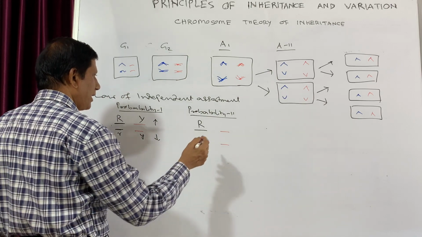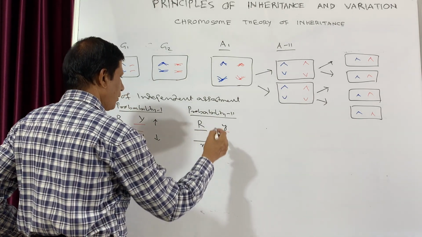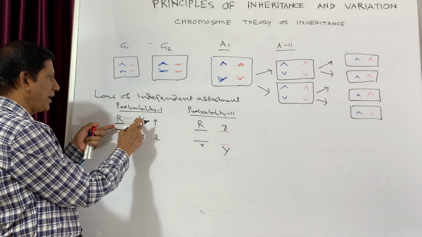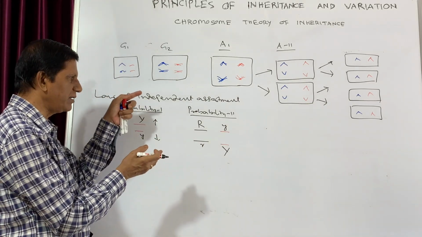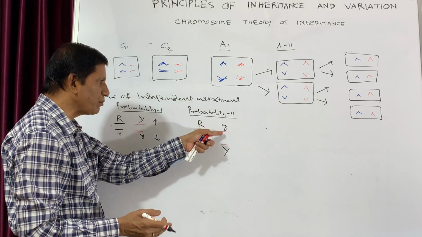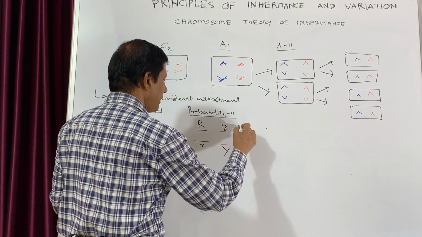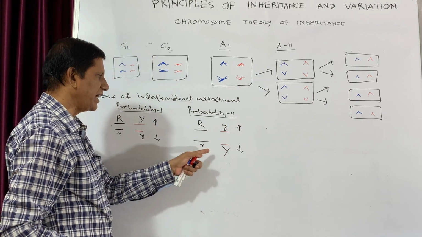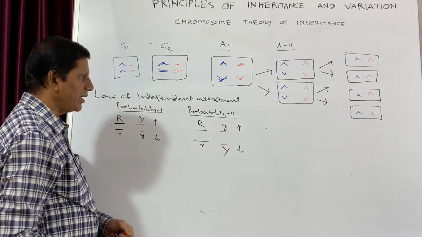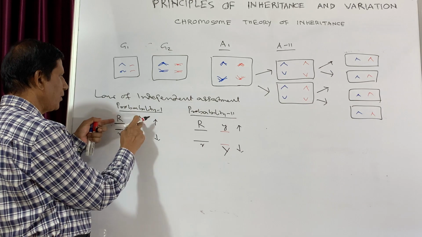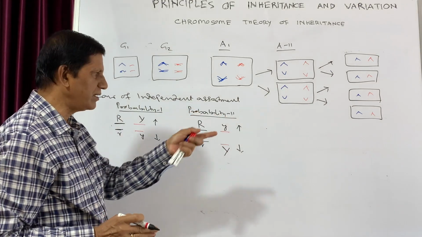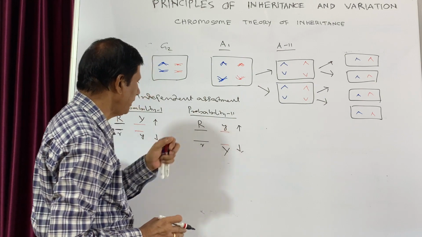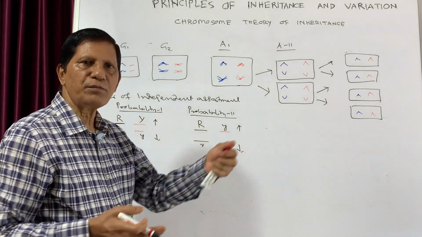But suppose here this side will be small y and this side will be capital Y. You see, before, both capital R and capital Y were moving to one side. But in this case, capital R and small y are moving to one side, and small r and capital Y, that means wrinkled and yellow, are going to the other side. That means see here, round and yellow were moving to one side, but here round with the white color are moving to the other side.